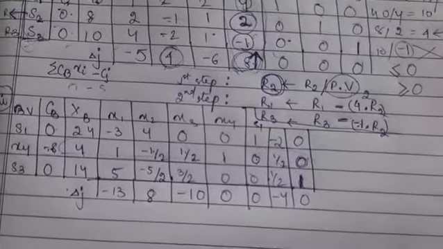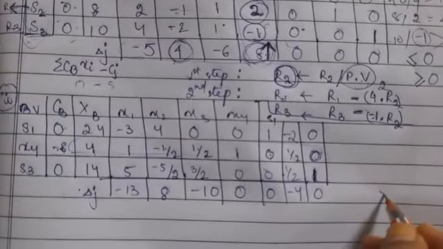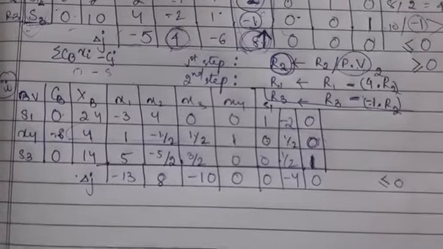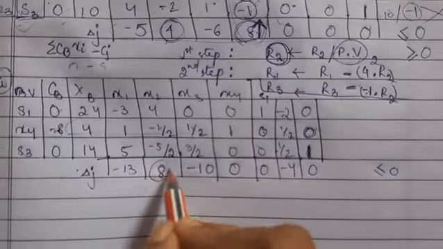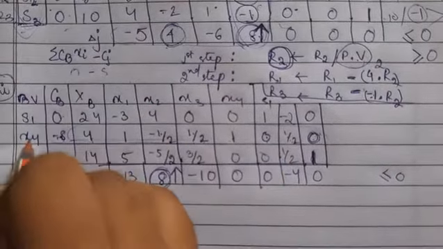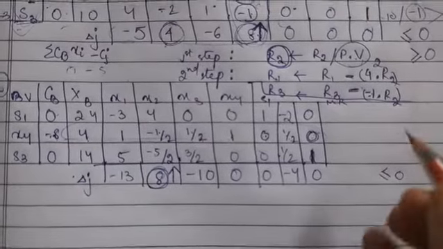Next, here all should be less than or equal to 0 for a minimization problem, but no, this one is not less than or equal to 0. Therefore x2 will enter the basis, and who will leave is decided by the minimum ratio.